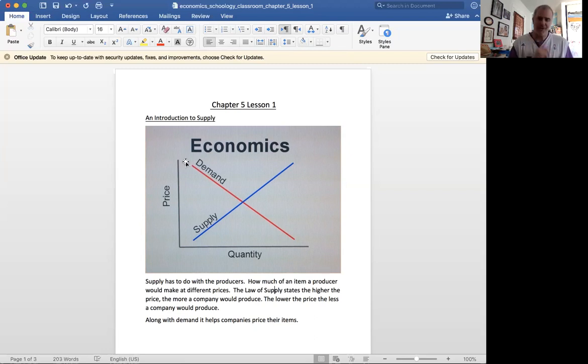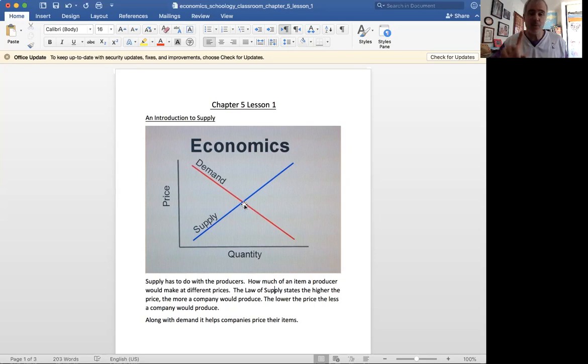But this one graph, this supply and demand curve, is the only one I'm going to get into and spend time on. The reason being that the supply and demand graph creates a place where you want to price your item. This is the bottom line, right? So if you plot a demand curve based on price and quantity demanded, then you plot a supply curve based on price and quantity supplied, you'll end up with a place where they meet.